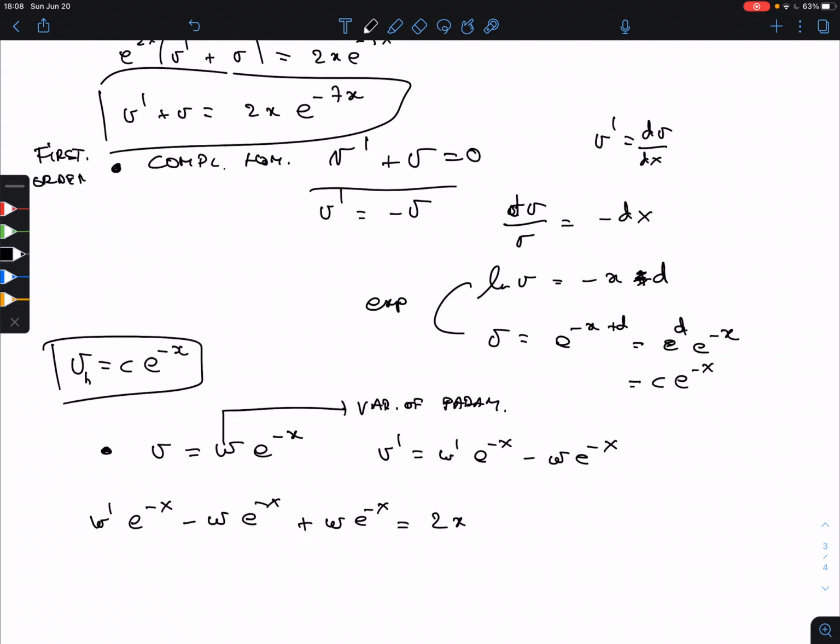Okay, what's that? Well, we go to v. V is u prime. I think I might have actually put the wrong f here. I cannot find my notes anymore. Where did I do this calculation?